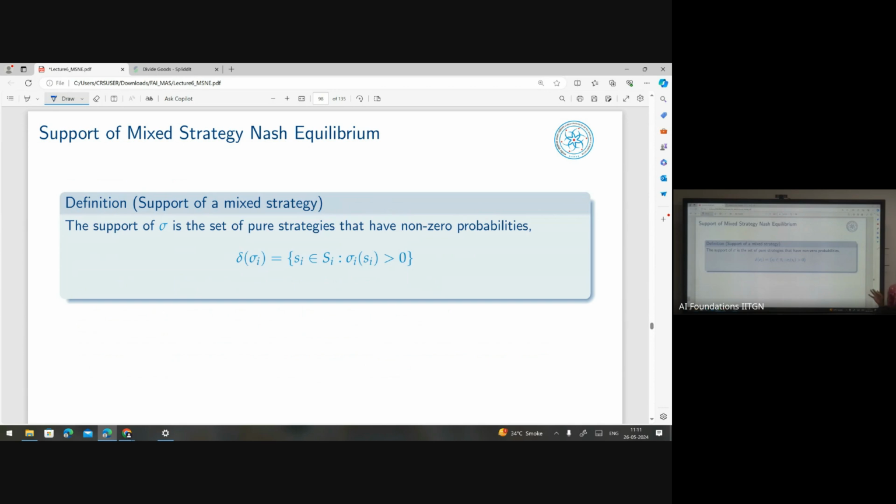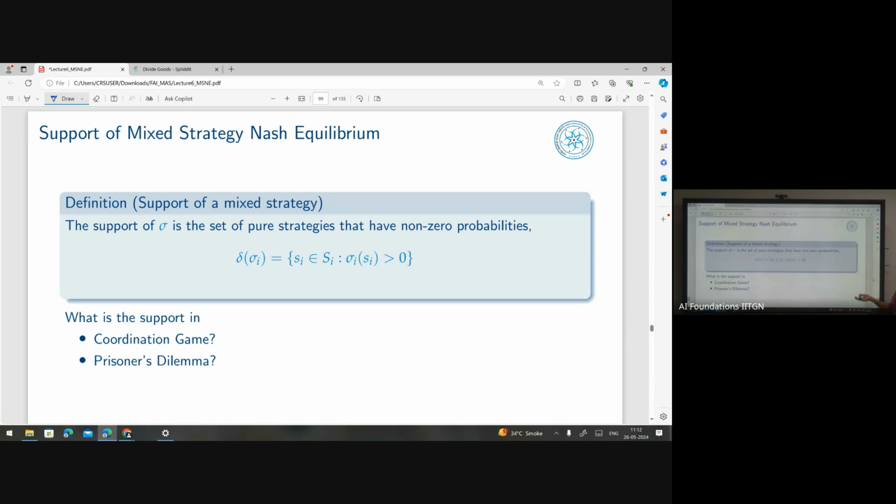So the support of a mixed strategy is the set of pure strategies that has strictly positive probability. So in the coordination game, the support for the mixed strategy Nash equilibrium was the entire set of pure strategies that we had.